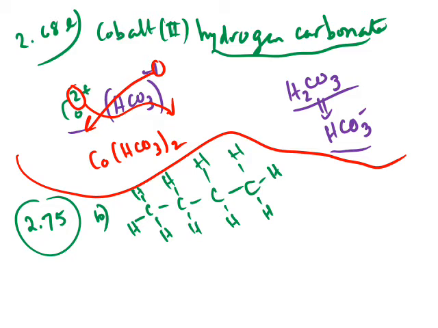So this is now the structure of butane. Now let's write down the molecular formula of that. Molecular formula, let's write down here using a different color. So molecular formula is C4H10.